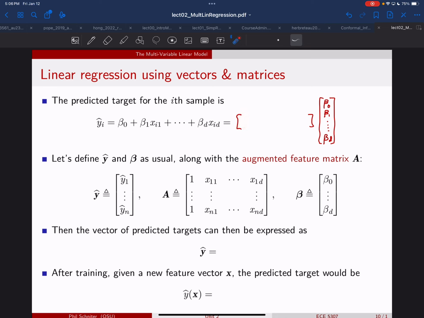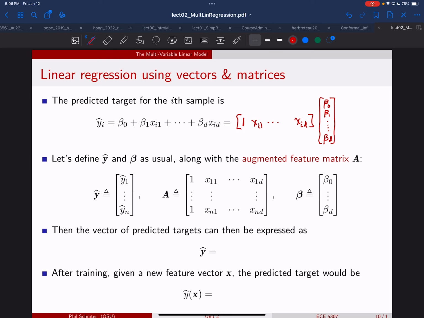What do I need to put right here so that when I multiply this by this, I get this? The number 1, exactly. What's the next thing that needs to go to the right of 1? x i1, right. Dot, dot, dot, all the way to x i d.